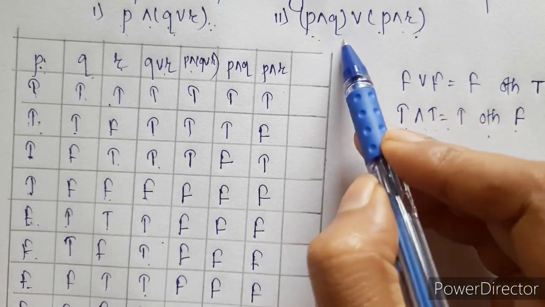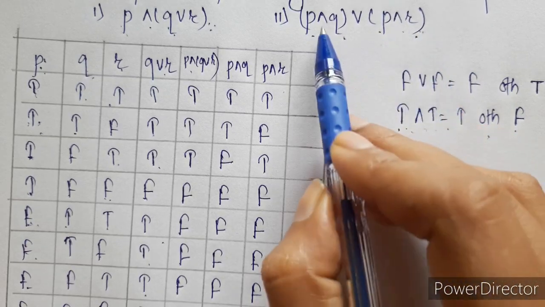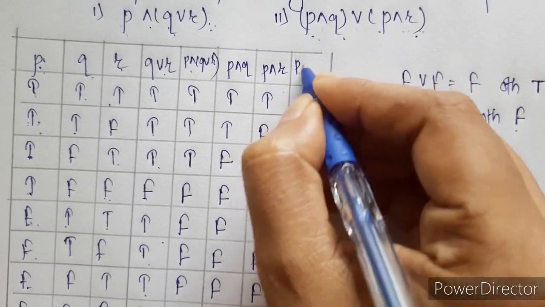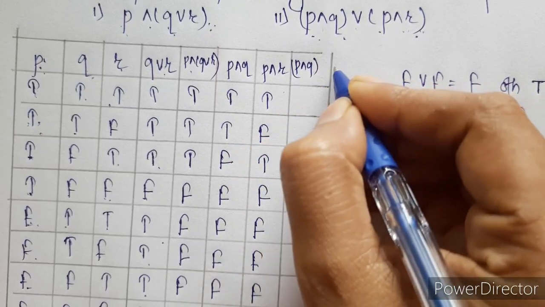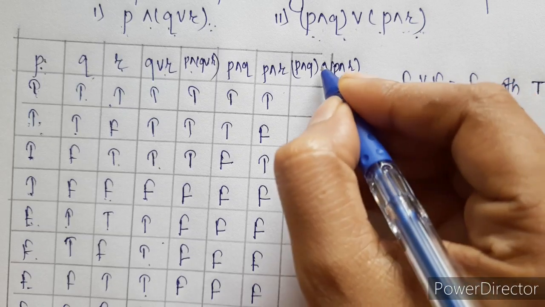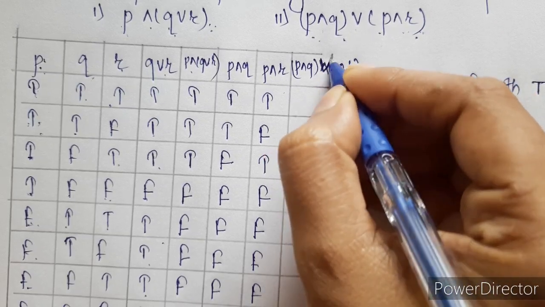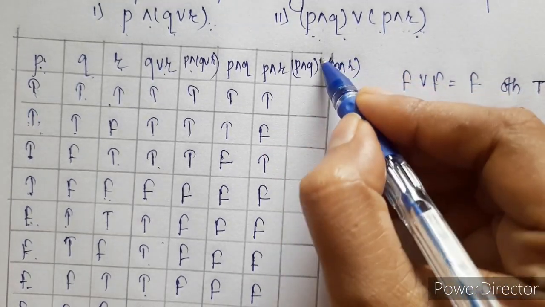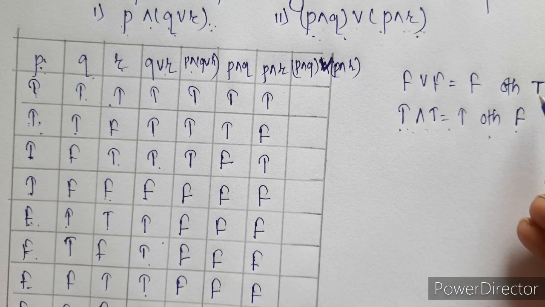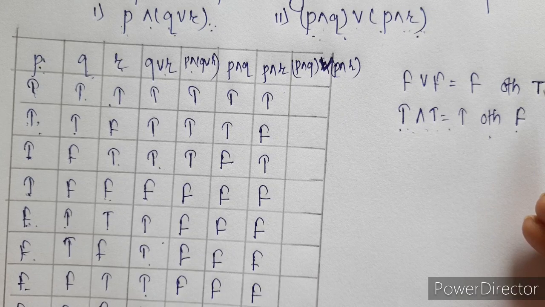So we got our first bracket, we got the second bracket, now we have to compare both using OR, disjunction. So we are comparing (P and Q) and (P and R) using OR. Now in case of OR, if both are falses then only false, otherwise for all other cases it is true, either-or case.